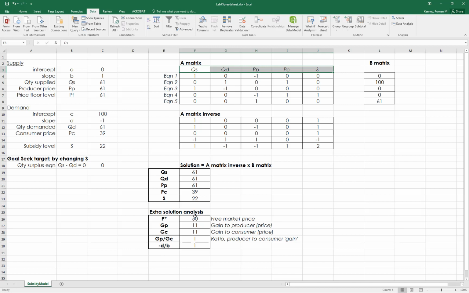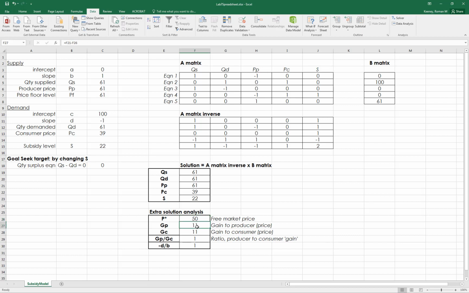We get all these solution variables, and then I could go back and use my formula for P star, which is just the intercept minus the intercept, divided by slope minus the slope, and we can get this free market price, right, that happens when there's no subsidy.